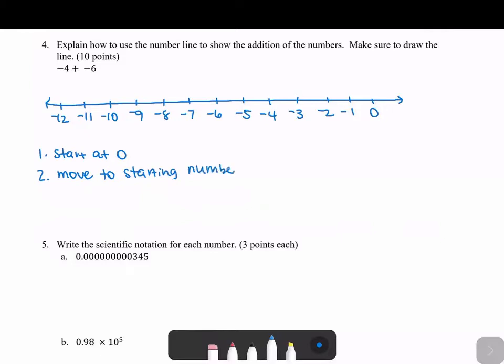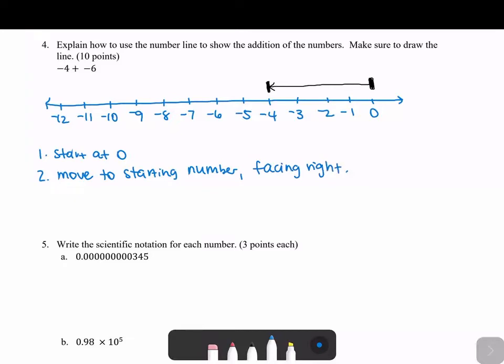So in this case, we're going to go from 0 over to negative 4. And remember that whenever we go to that starting number, we're always going to start facing right. So we move to our starting number facing right, which is negative 4.